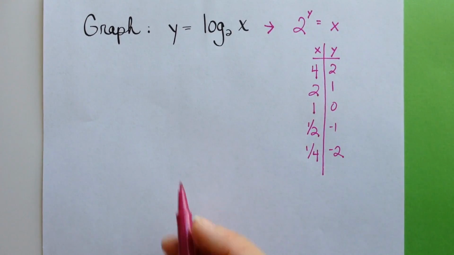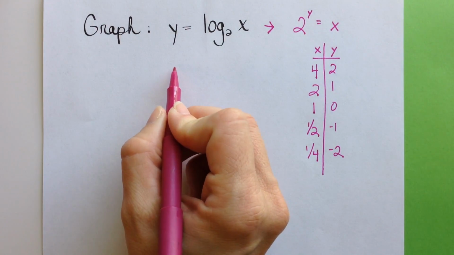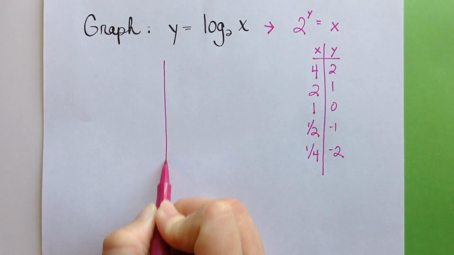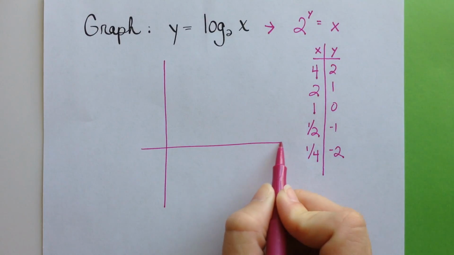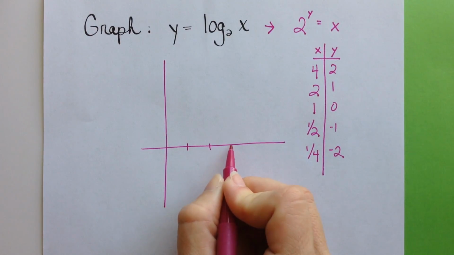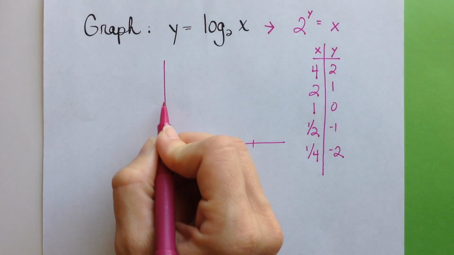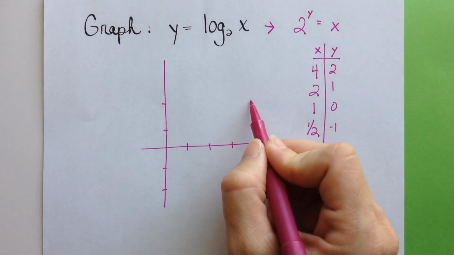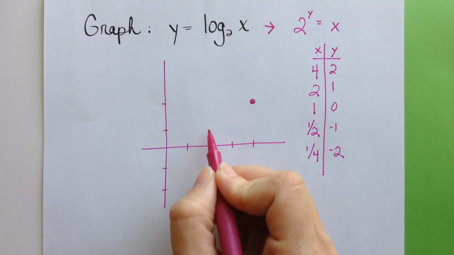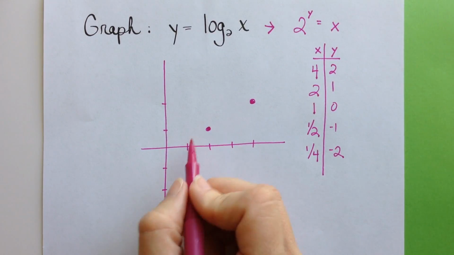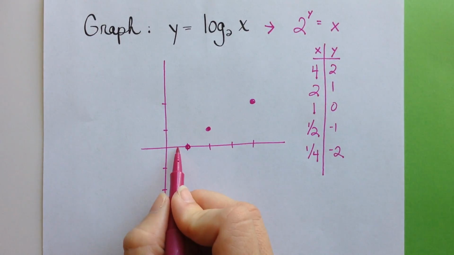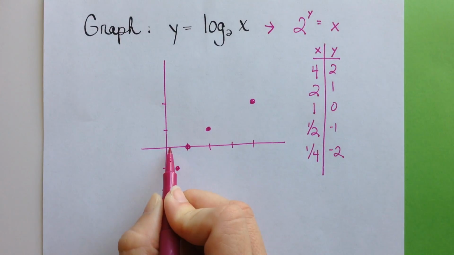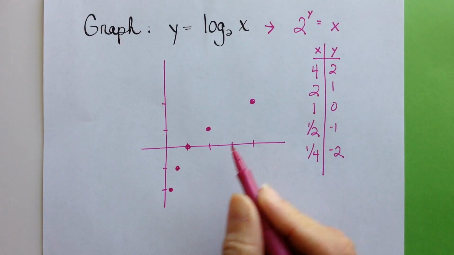Okay, now let's plot these points. Okay, so 4, 2; 2, 1; 1, 0; 1/2, negative 1; and 1/4, negative 2.